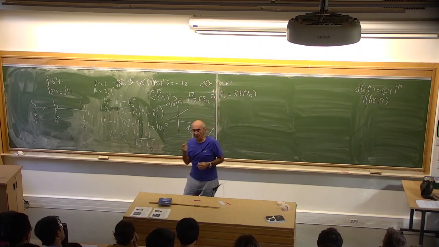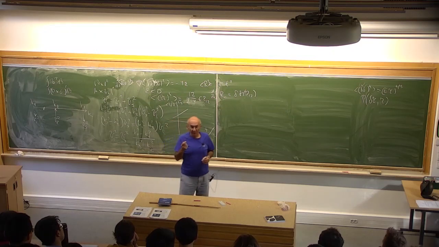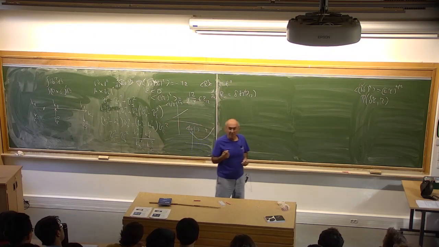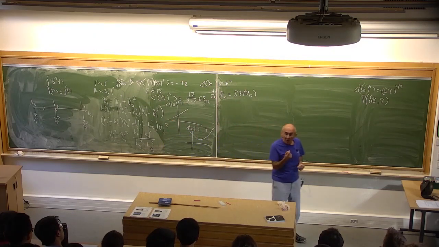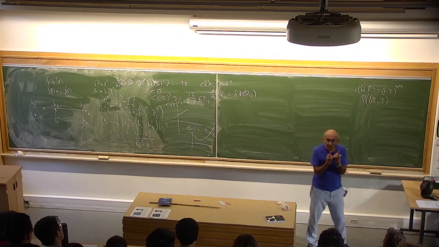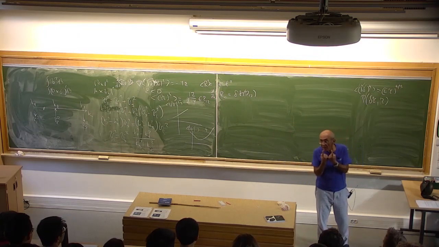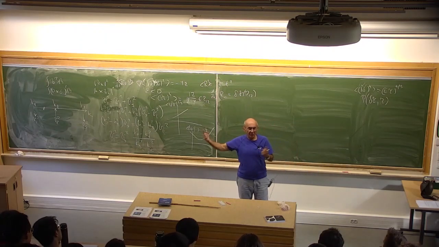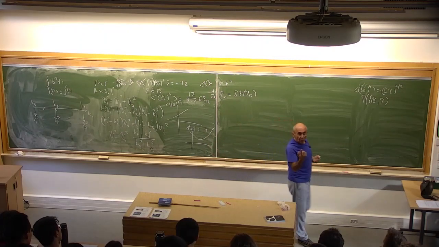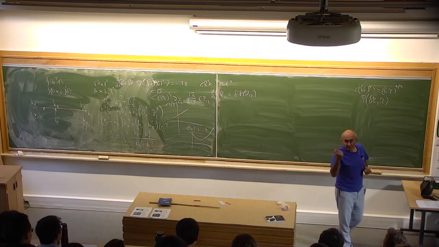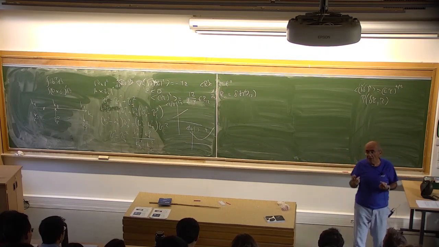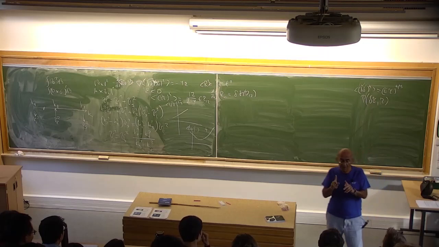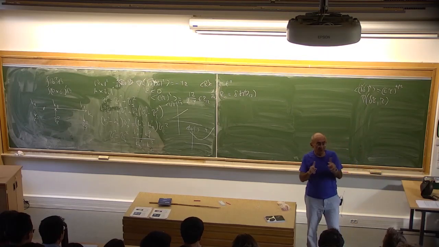But the difference, of course, is that the systems that people usually consider in critical phenomena are local. Spins interact locally. There are exotic systems now studied more and more with very long-range interaction, in particular Coulomb systems or systems with gravity. But mostly we're dealing with nearest neighbor interaction.